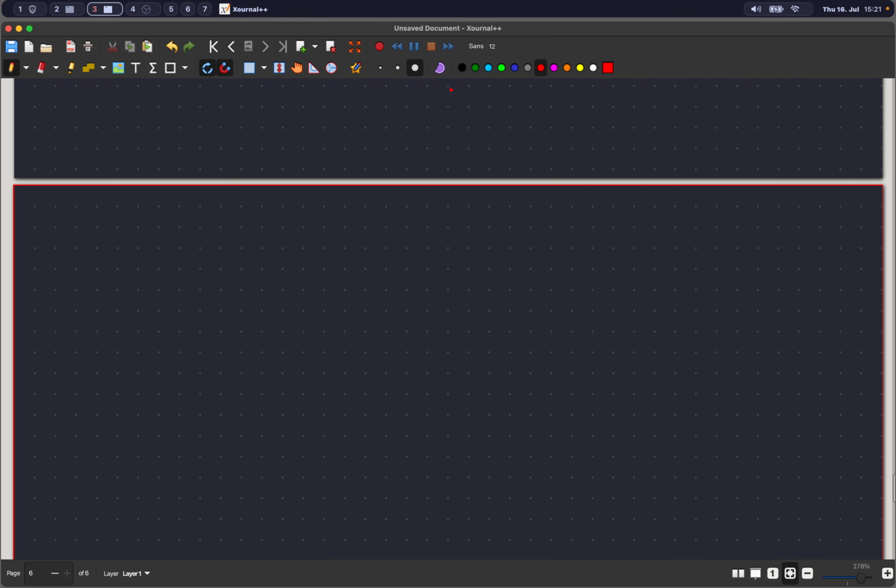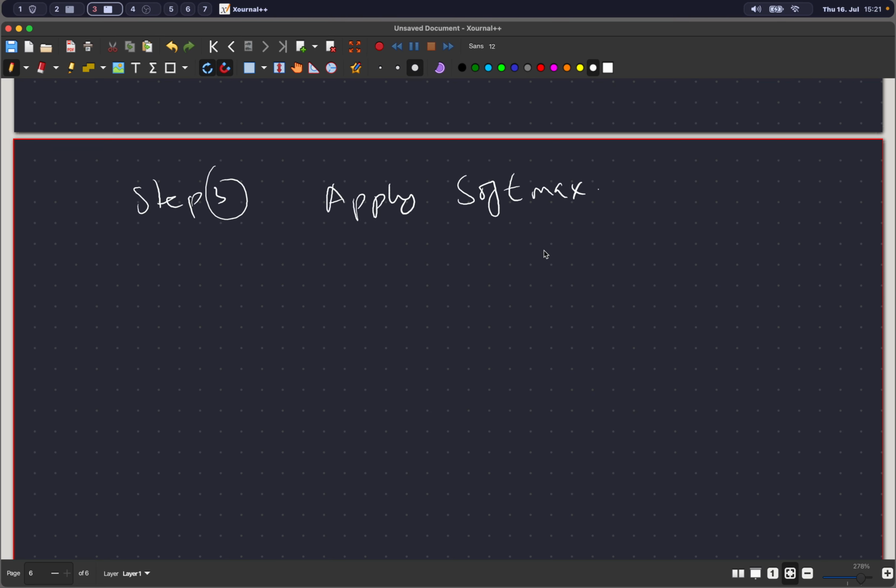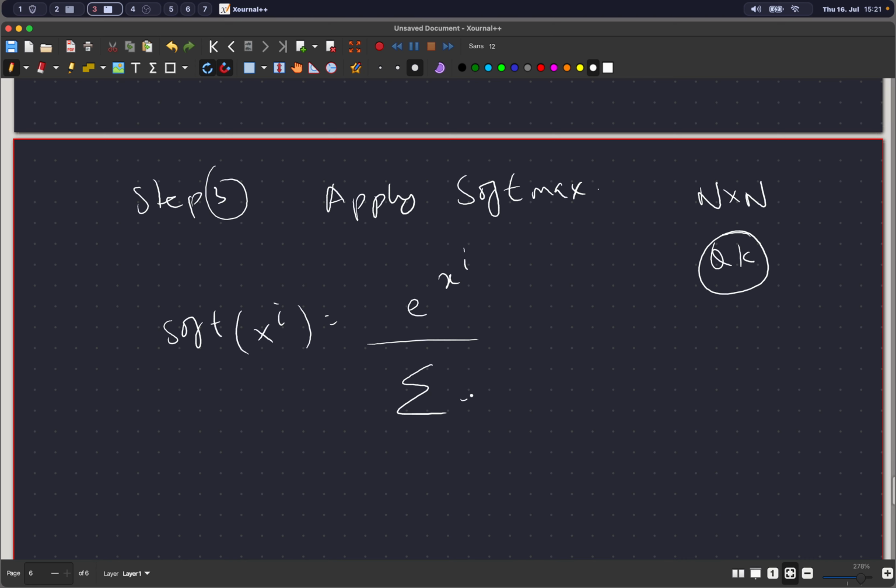Once it is done, the next step, as you would have guessed, is applying the softmax. We will apply the softmax to each row of our n by n matrix that came out of the q dot k multiplication, and the formula for softmax is, let's say we have xi, it will be nothing but this.